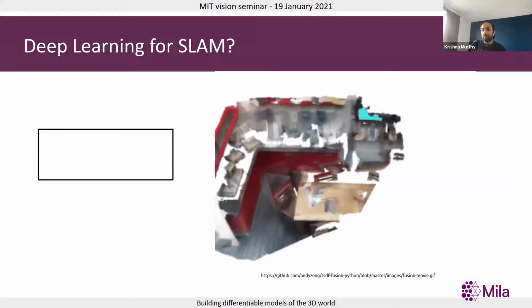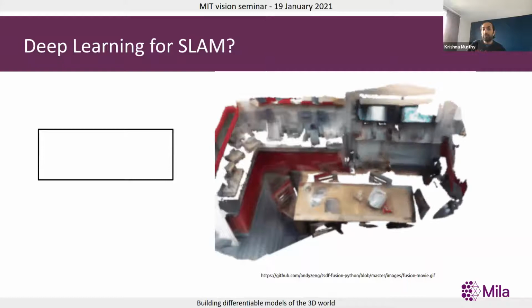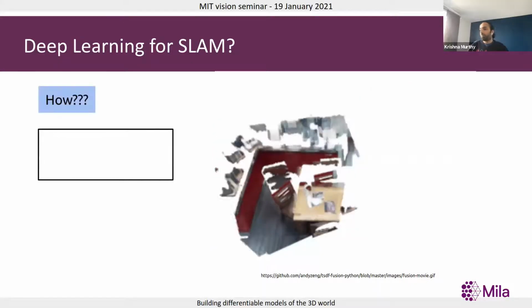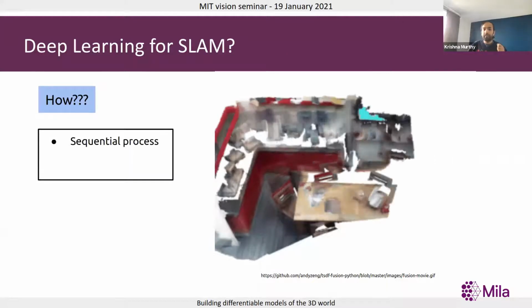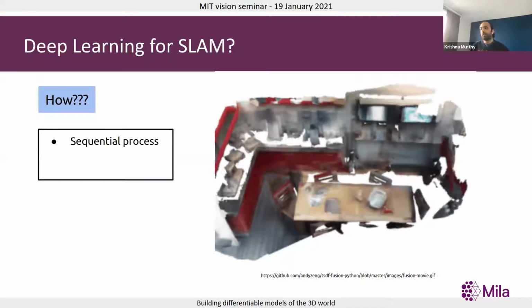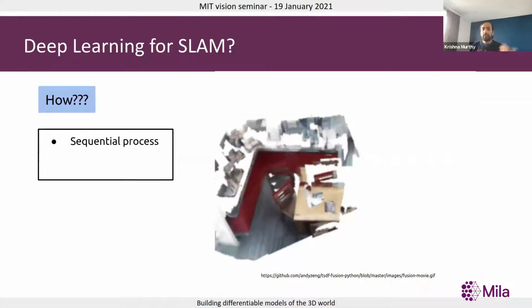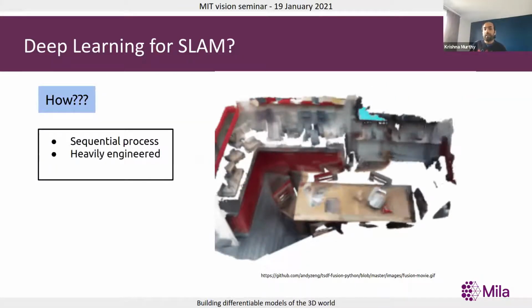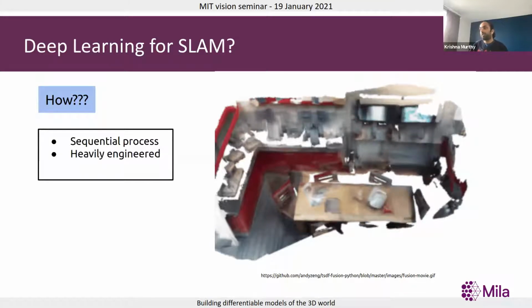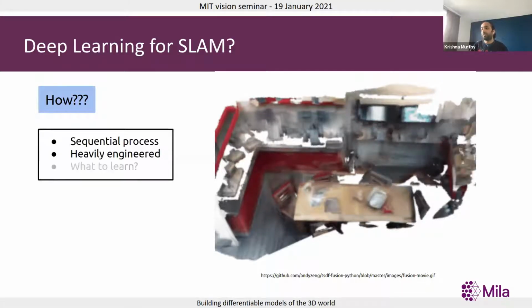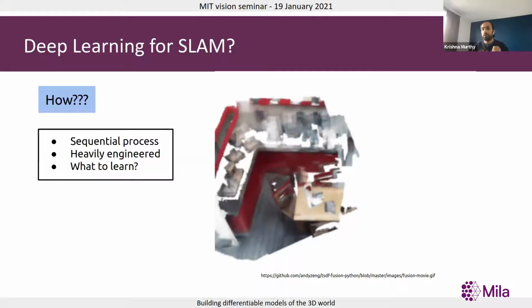Typically, it's not been clear how you can apply deep learning to a problem like SLAM. There's the inherent sequential assumption here. You can't treat SLAM as an IID process because the sequence really determines how you get your observations. And the more important reason, it's very heavily engineered, so you don't really know what you want to learn here.